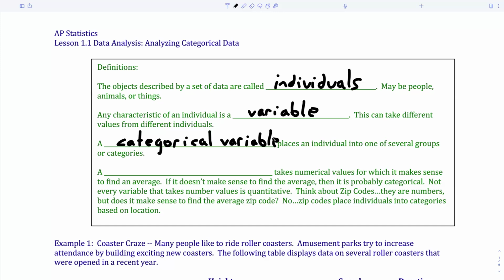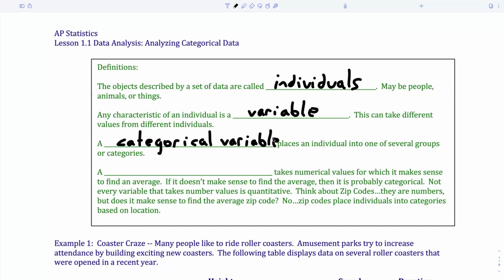So for example, what class are you in? Freshman, sophomore, junior, senior. That is a categorical variable. Any variable that you can put into categories is a categorical variable.